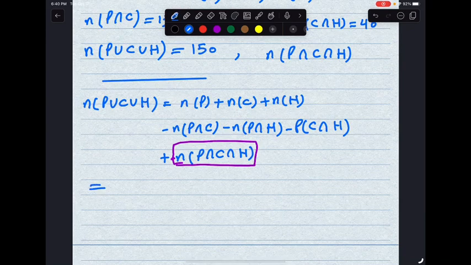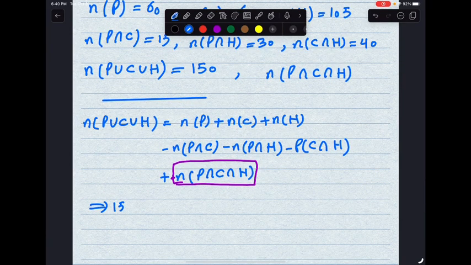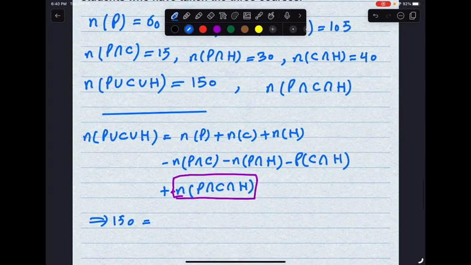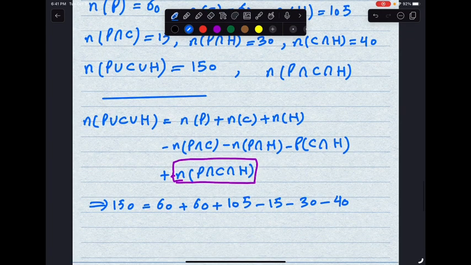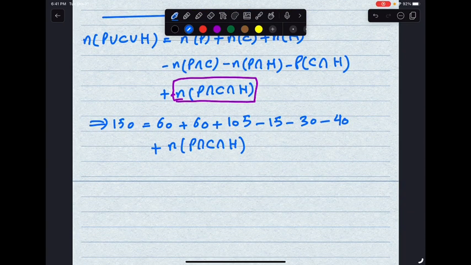So we're going to have 150 is equal to 60 plus 60 plus 105 minus 15 minus 30 minus 40, and then plus N of P intersection C intersection H, which is the value we're looking for.